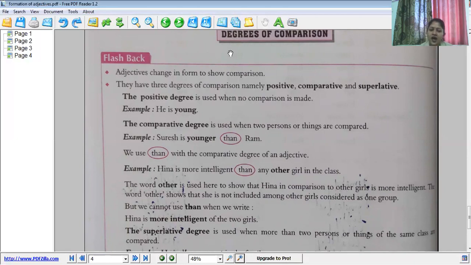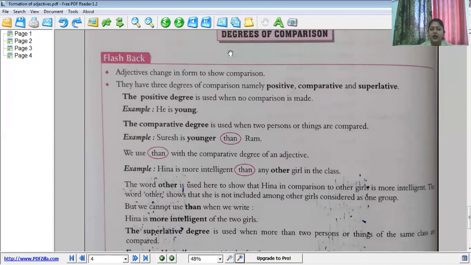The word other shows that she is not included among other girls considered as one group. But we cannot use than when we write, okay, is more intelligent than any other girl. Then if you could specify. Okay, now Hina is more intelligent of the two girls.